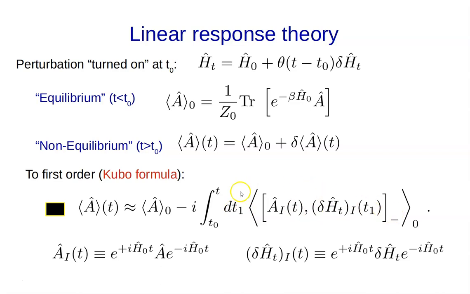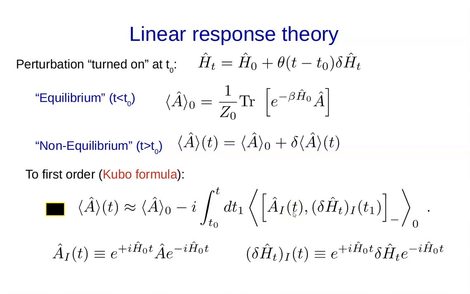Now I can turn this into a retarded correlation function, because the only thing that matters here is that t is always larger than t1 in this integral.